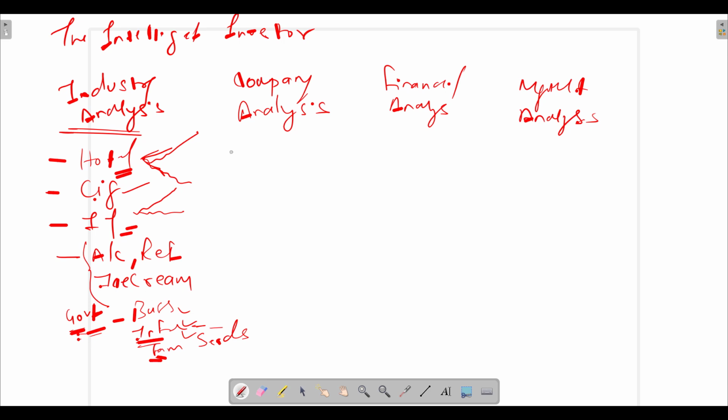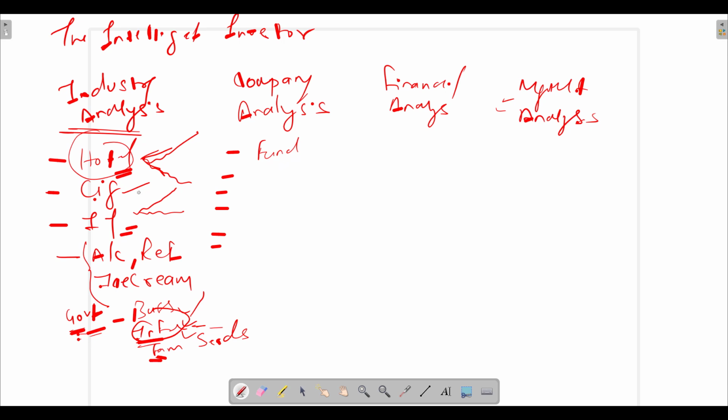Let's move on to company analysis. Now we have discussed that, let's say, the hotel industry or infrastructure is going to perform well. In the infrastructure sector there must be so many companies, and these companies may not be equally affected by this infrastructure move. Why? Because of the companies' own limitations, let's say funds, or management limitations, management not being so good, or the positioning of the company not being so good.